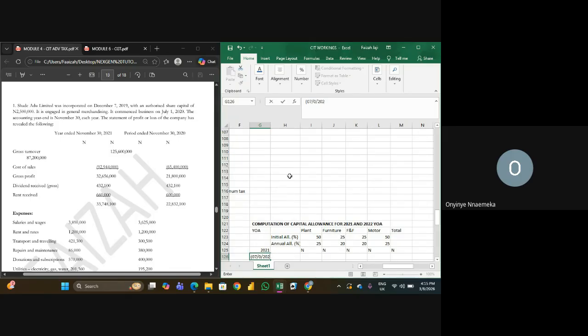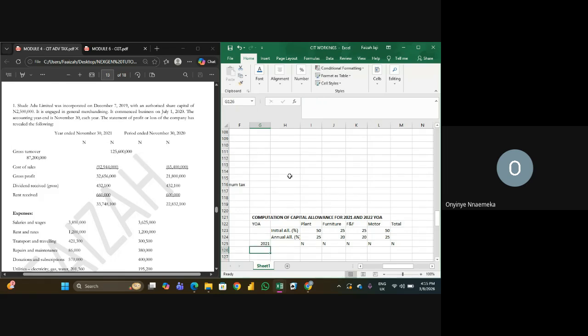So 2022, 30 November 2020. First, date of commencement to the end of the first accounting period.